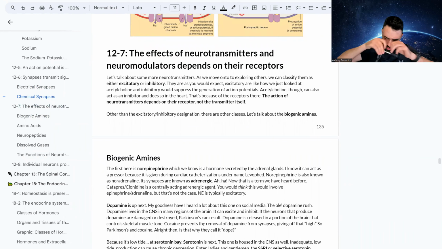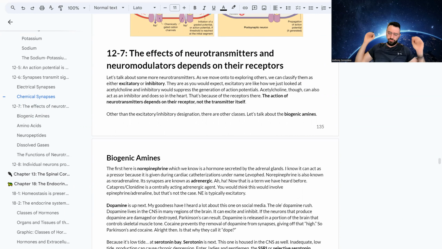Examples of SSRIs would be sertraline, which is Zoloft, escitalopram, which is Lexapro, fluoxetine, which is Prozac. We also have citalopram, which is Celexa.